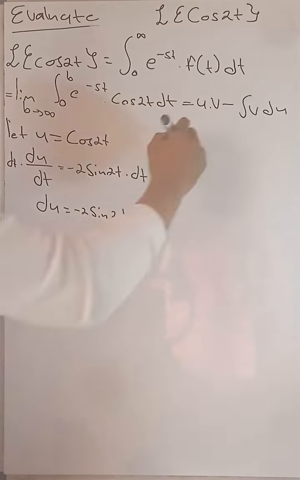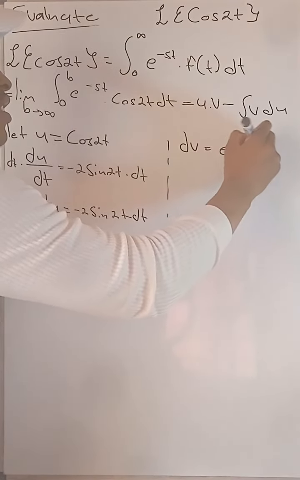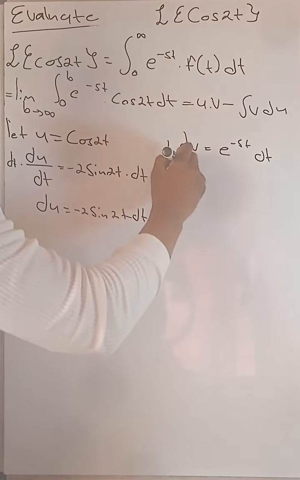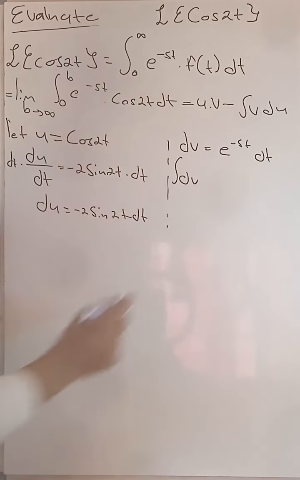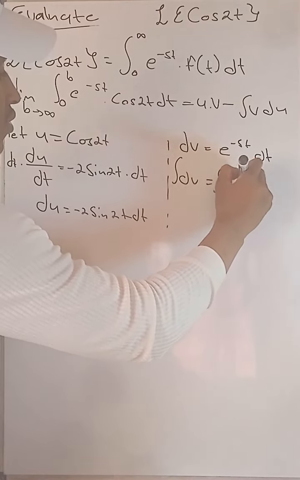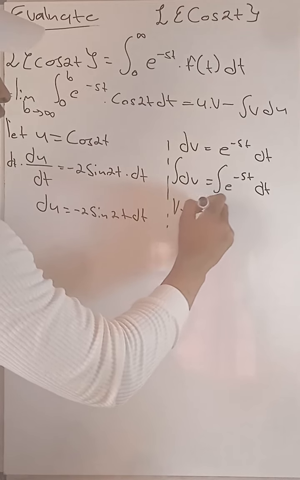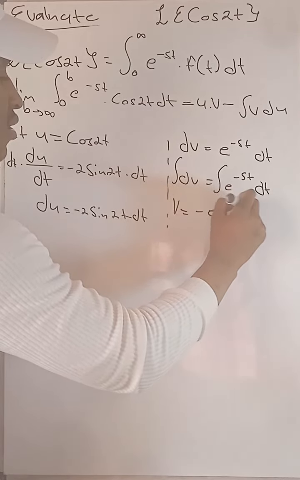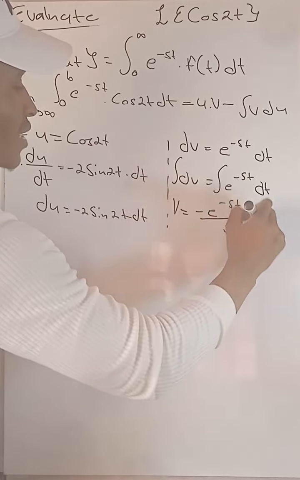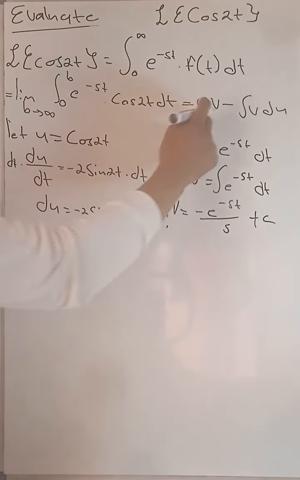So right now I can let my dv be equal to e^(-st) dt. If I integrate this side and I also integrate this side, my v will be minus e^(-st) all over s plus c. Right now I can just substitute into our equation.